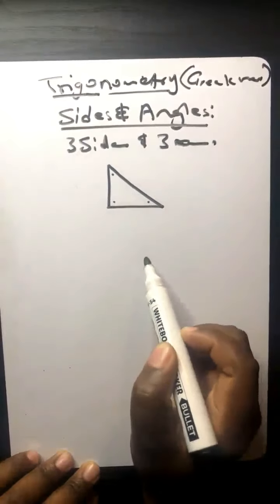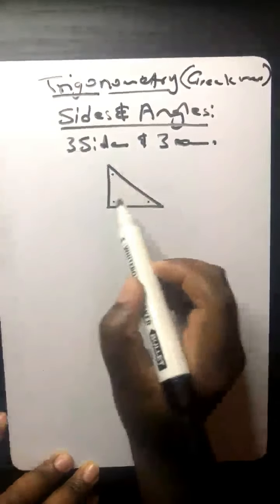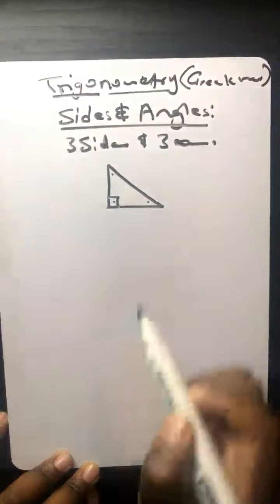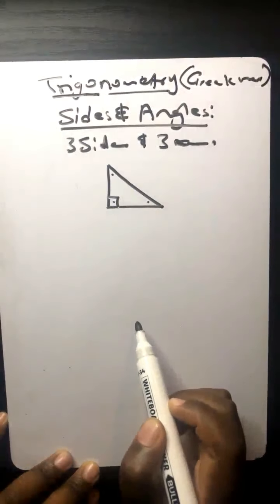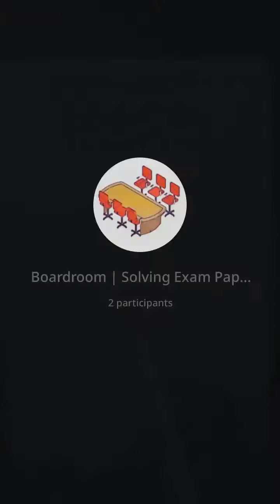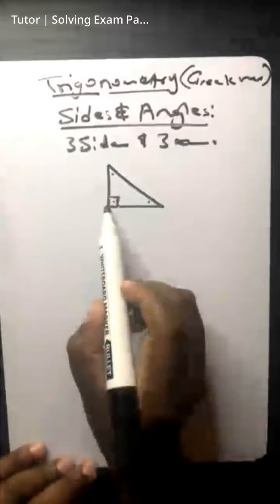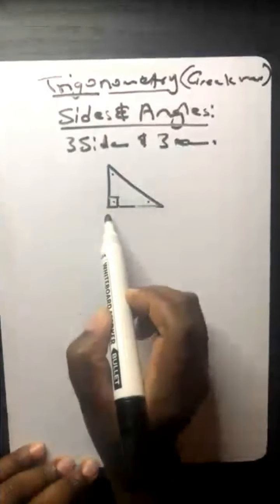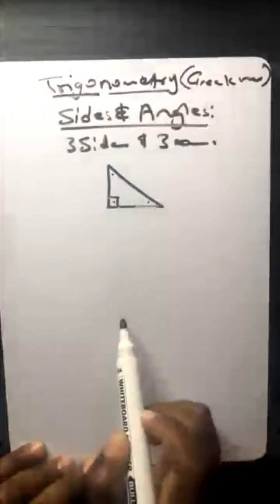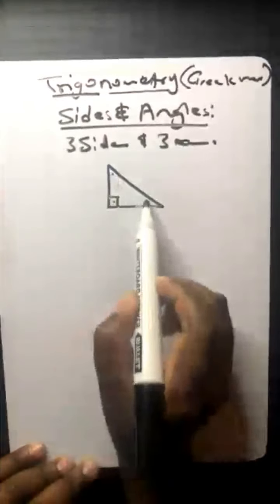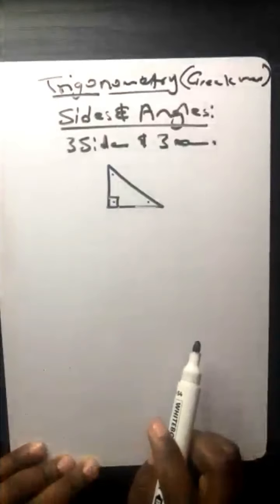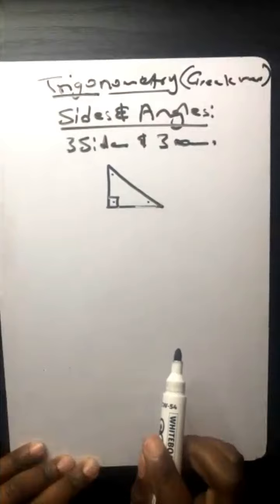What is special is that it's a right-angled triangle. For a triangle to be right-angled, one line is perpendicular to the other, forming a 90-degree angle. The other two angles may not be known, which we can calculate.